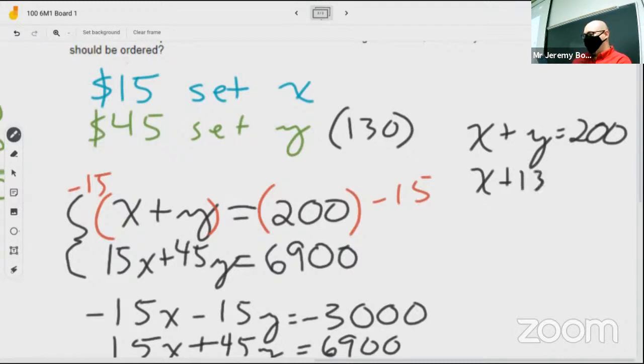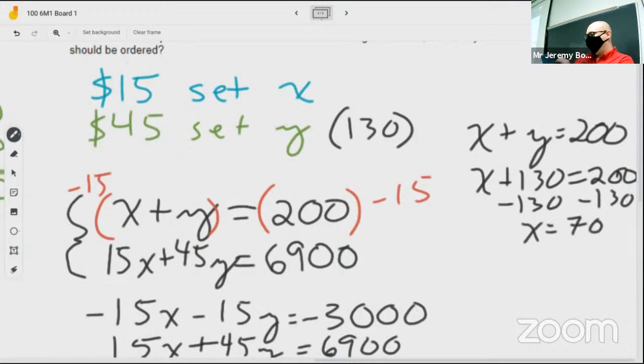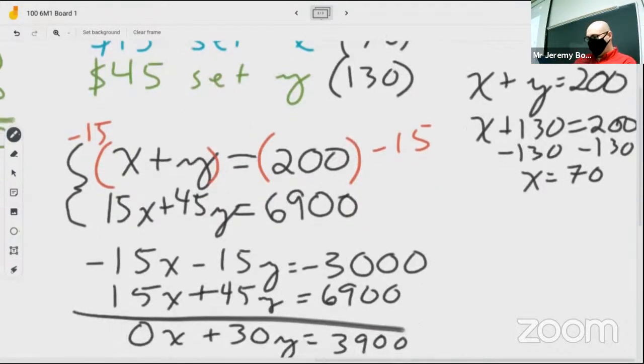And so you would just plug the 130 here. And so you do quick math on that, you get X is 70. If you plugged it into the other one, and you did 15x plus 45 times, what was it, 130, is equal to, run out of room.